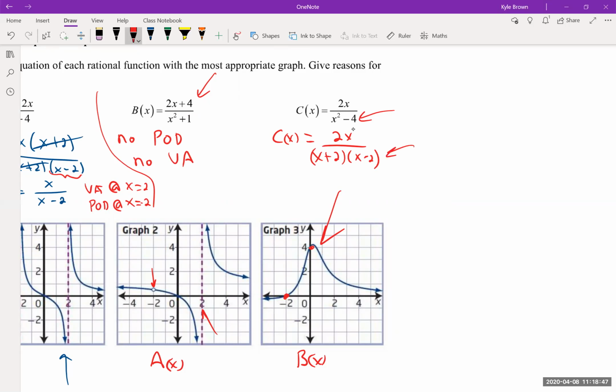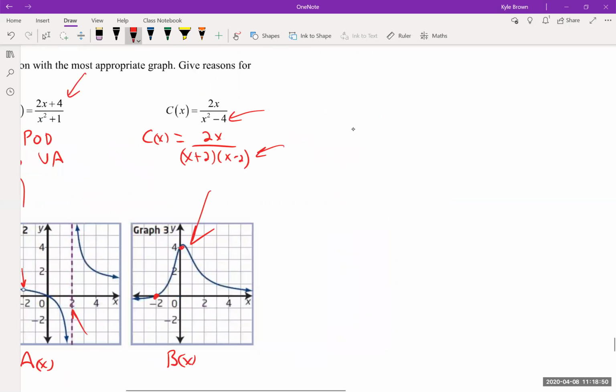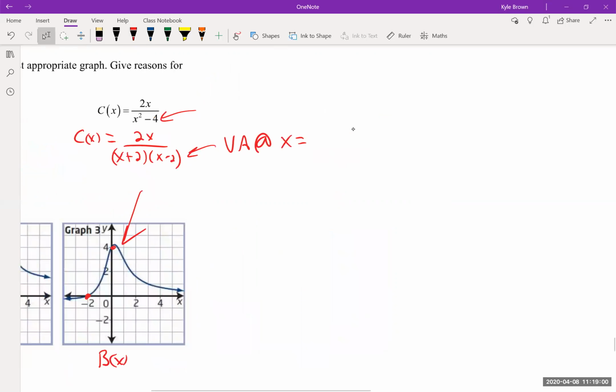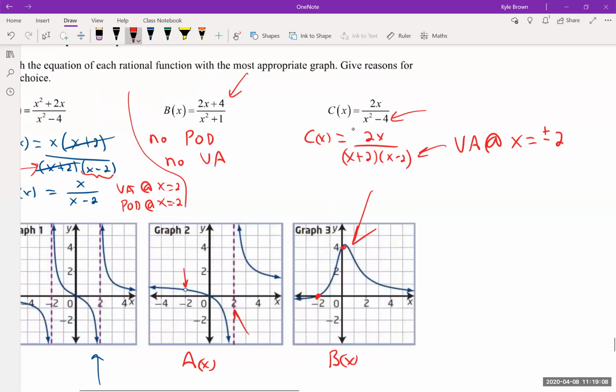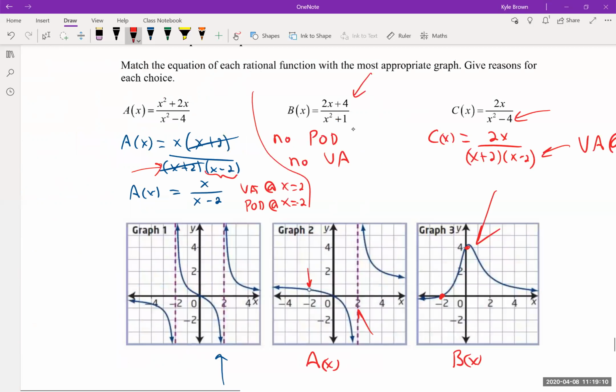So on this one, I have a vertical asymptote at x is equal to -2, and x is equal to +2. So I'll write it as plus or minus 2. We'll say we have a vertical asymptote. So then looking over here, yep, that makes sense, right? We've got a vertical asymptote.